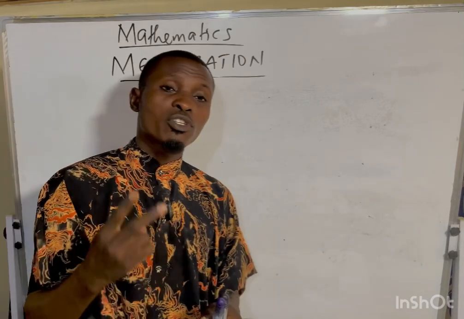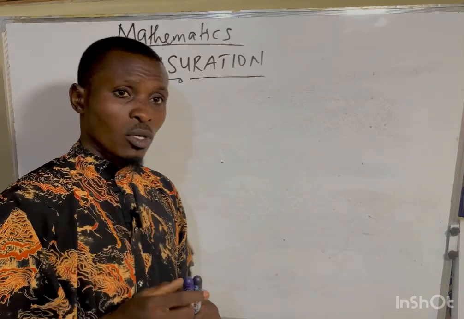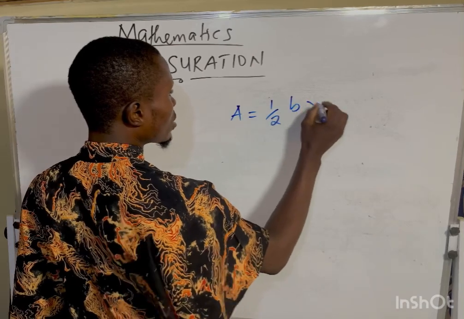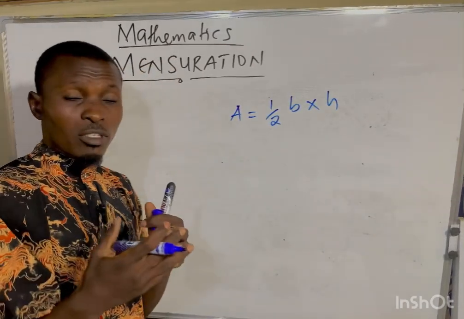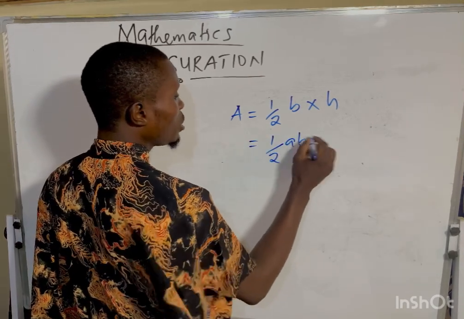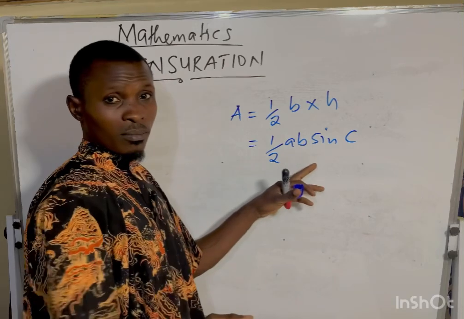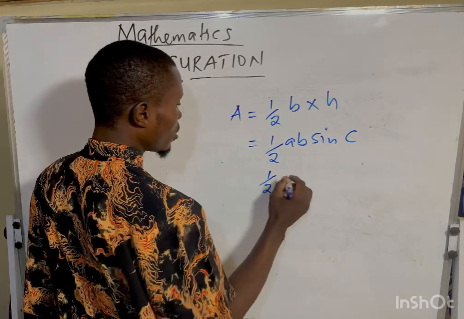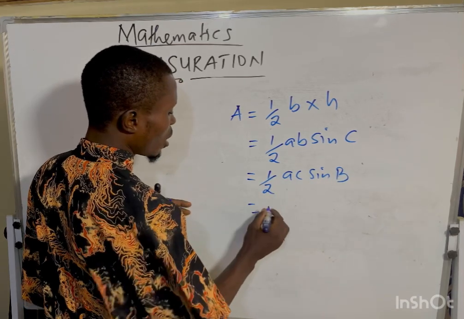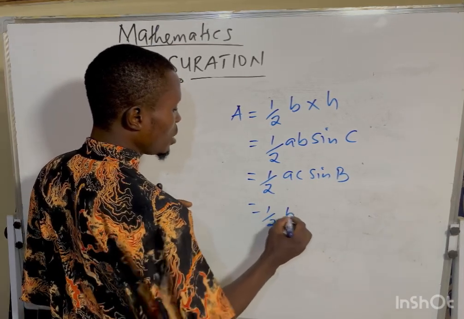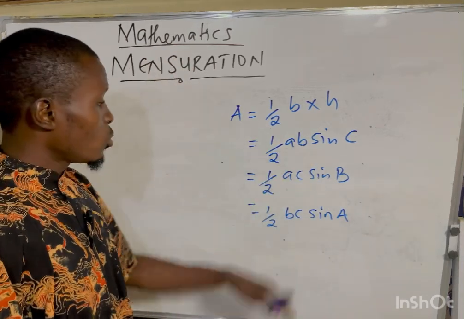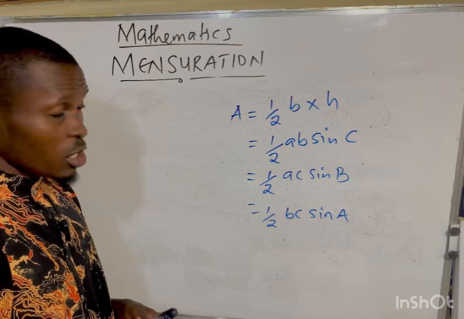But if you are given 2 sides of a triangle and an angle, the area can be given by half AB sine C, or you have half AC sine B. You also have half BC sine A. That is given 2 sides and an angle. You apply this to get the area.